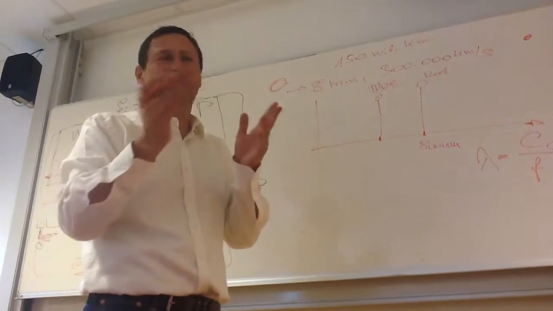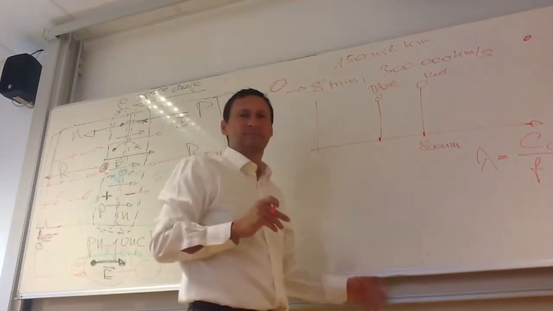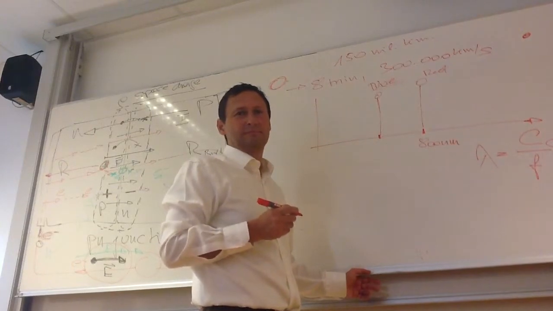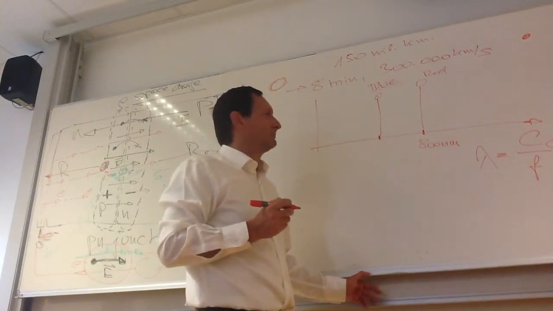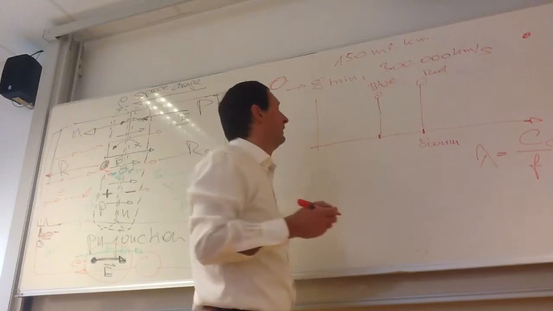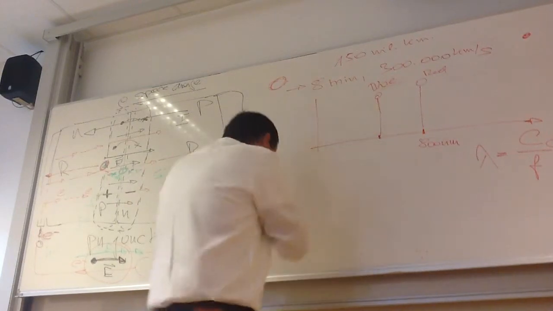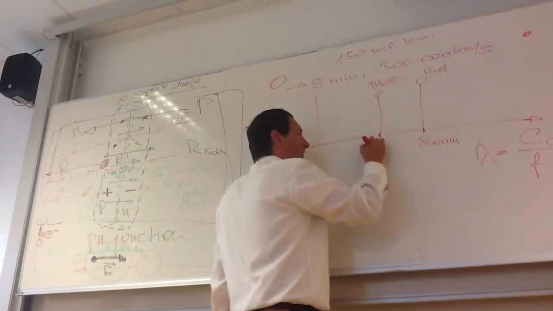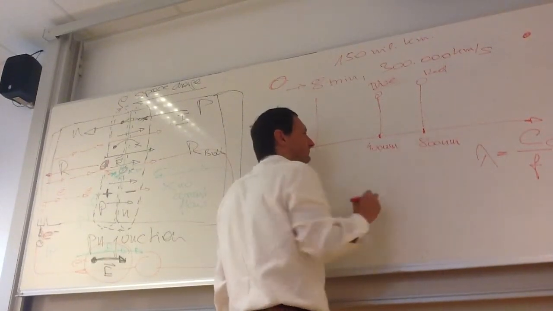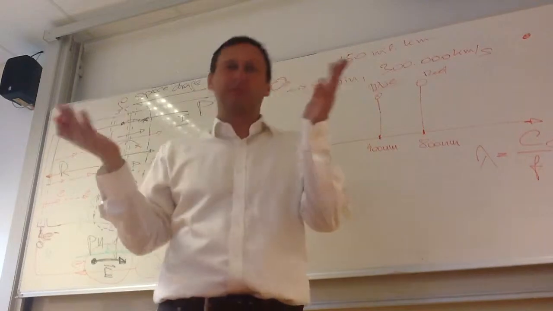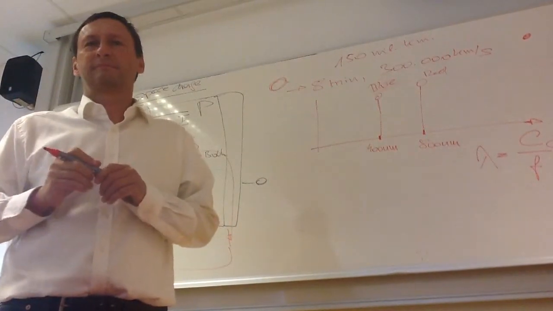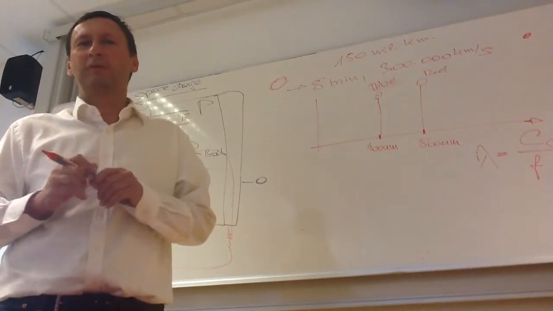Is there much difference between red and blue? Blue has more frequency, so it's less wavelength. It's roughly around 400 nanometers, so half of that. These are the numbers you should remember, because this is important. That's common knowledge, I would say.